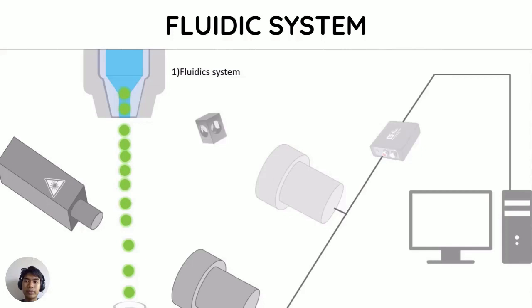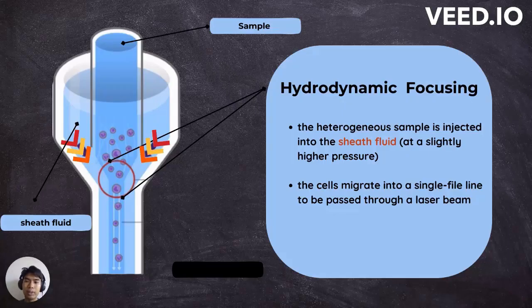The purpose of the fluidic system is to transport particles in a fluid stream to the laser beam, and the design of the flow chamber allows the sample core to be focused on the center of the sheath fluid, where the laser beam then interacts with the particles. This is achieved by applying hydrodynamic focusing, where a fluid is used to surround the sample fluid.